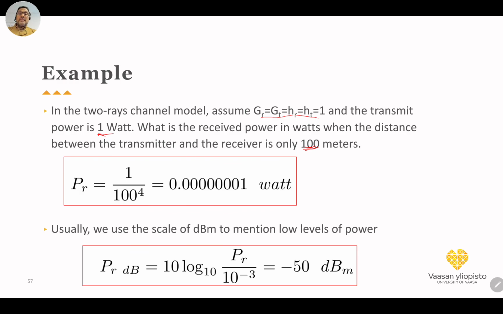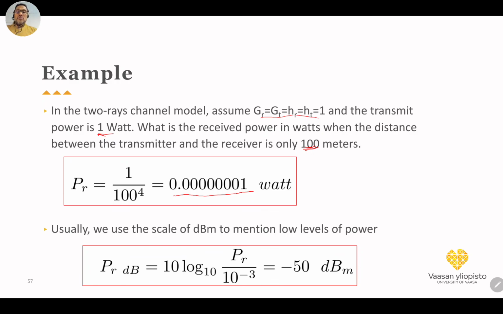And usually in communication we deal with dBm, so we don't deal with the actual value in this way, because it is hard to say. As you can see, I was counting how many zeros we have.